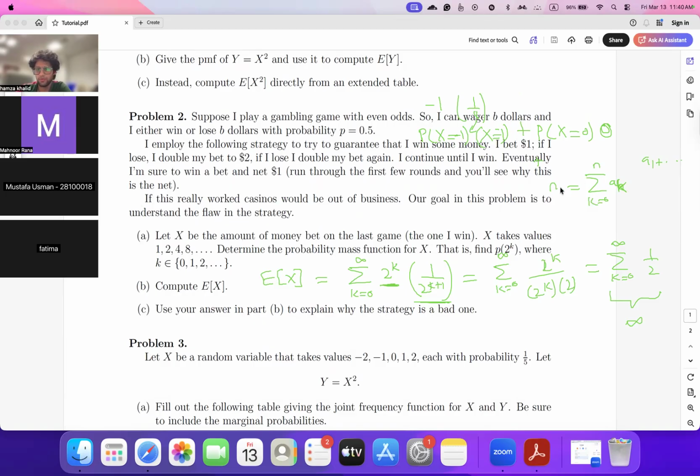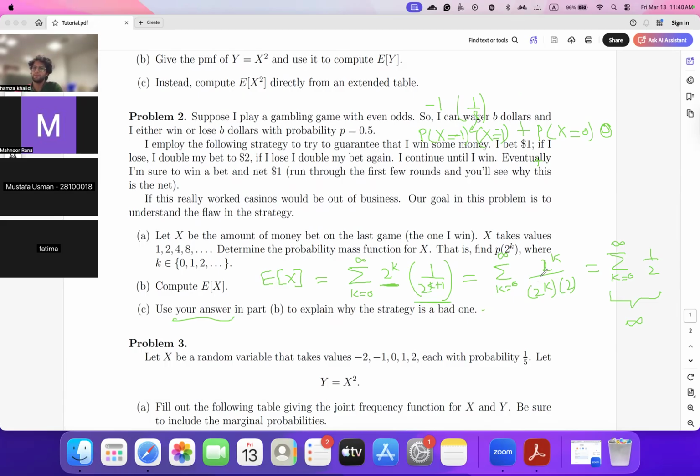Does anyone have any questions? Please feel free to ask. Okay, let's just go ahead. So that's just infinity. Part C: undefined or infinity, whatever you want to call that. Use your part in B to explain why the strategy is a bad one.